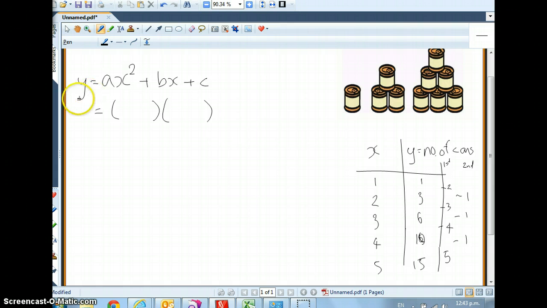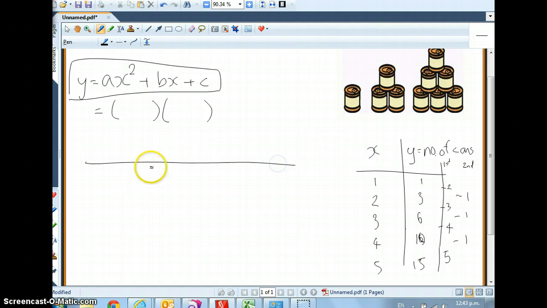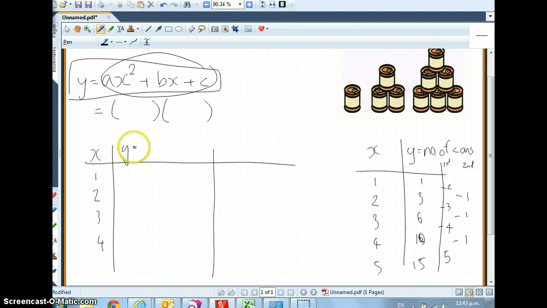We're going to write it in the general form of some x's squared, some x's and a number. Sticking with my letters for a moment, and I'll come back to this problem in a minute. If x is still 1, 2, 3, 4, etc., my new y is going to fit this equation.